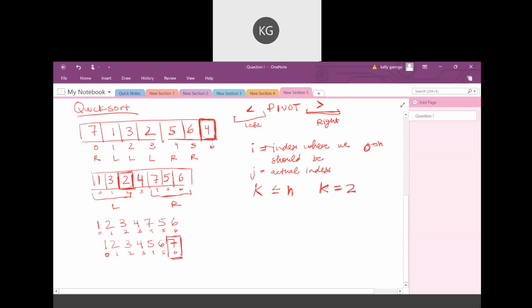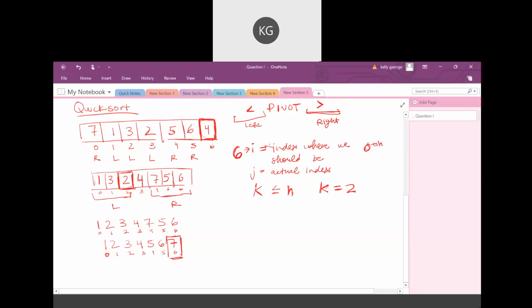So if we decided to use the quicksort algorithm and we started with this, when should we stop? The 7 is in the 6th smallest number position, so the index of 6 is what i is, and j is the actual index.